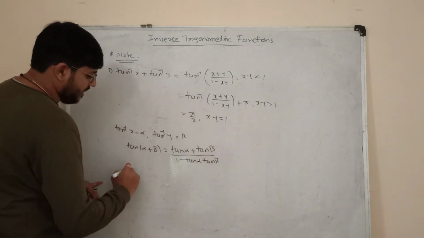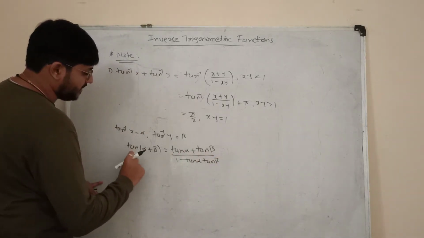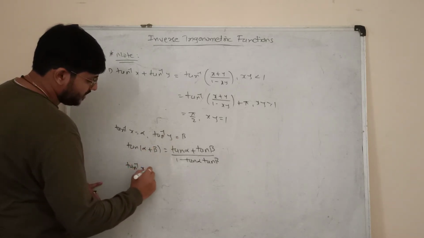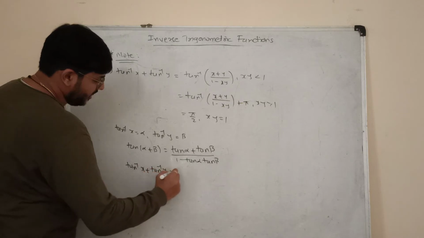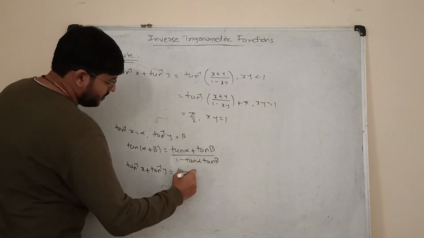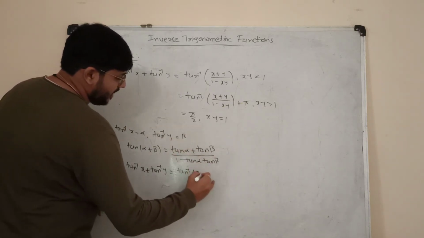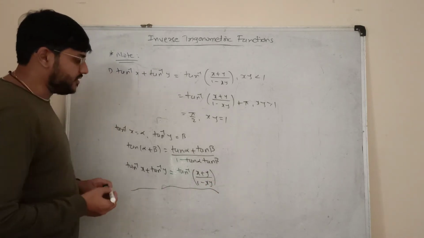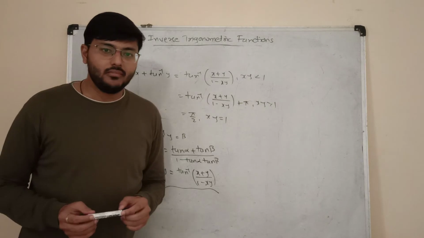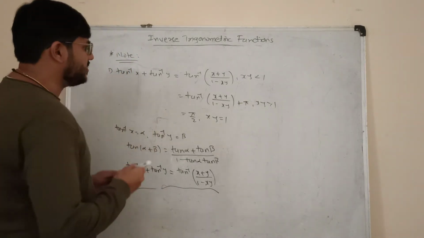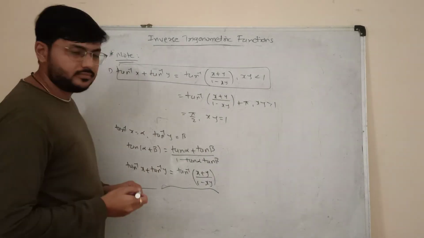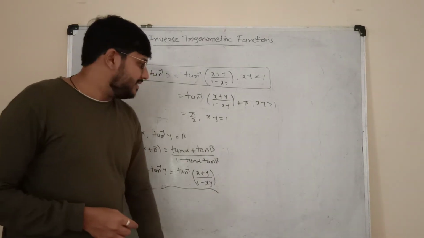Now replace tan alpha and tan beta with x and y, and if I take tan on the opposite side, alpha plus beta, that is tan inverse x plus tan inverse y, equals tan inverse of x plus y upon 1 minus xy. This is how we can get the answer. As far as your textbook is concerned, you have to focus only on this first equation. Okay.